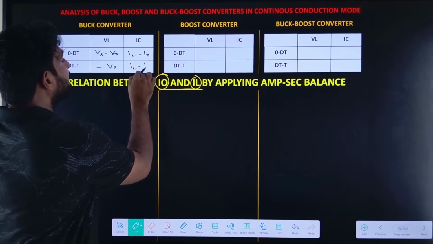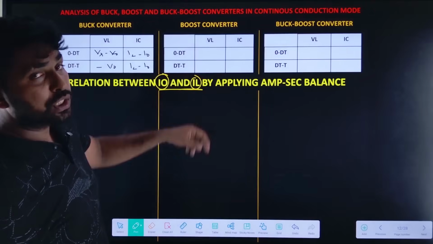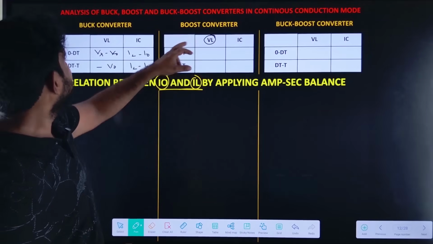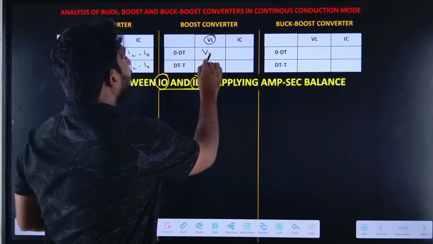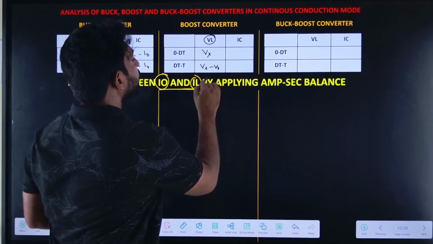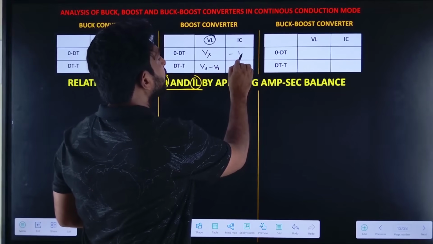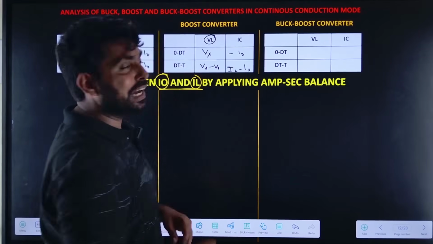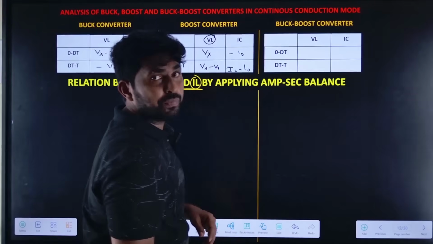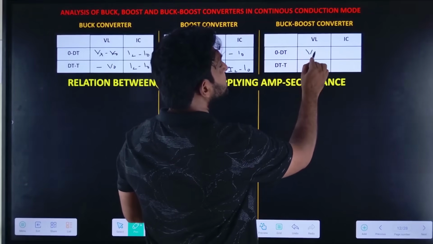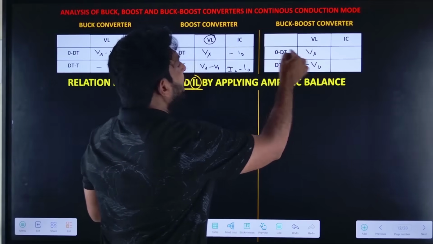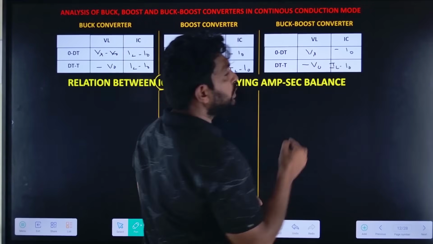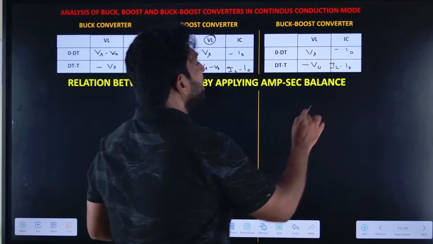So for 0 to dT, VL is Vs minus V0, and IC is IL minus I0, and for dT to T, VL is minus V0 and IC is minus I0. This we have already derived.